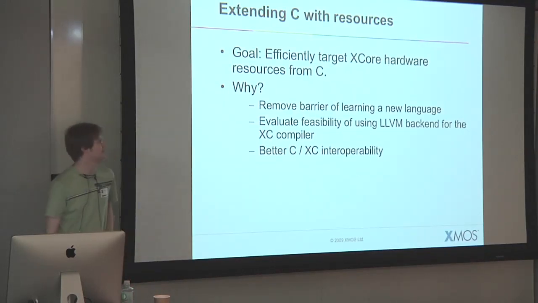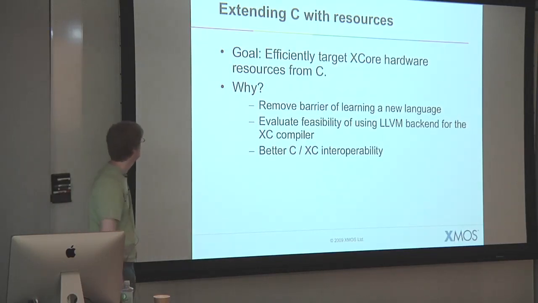So what I've been looking at recently is extending the C compiler to target the XCore hardware resources. There are a few reasons why I want to do that. First of all, the XC language, for some people, is a bit of a barrier.